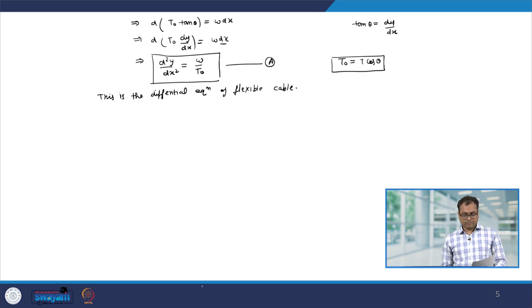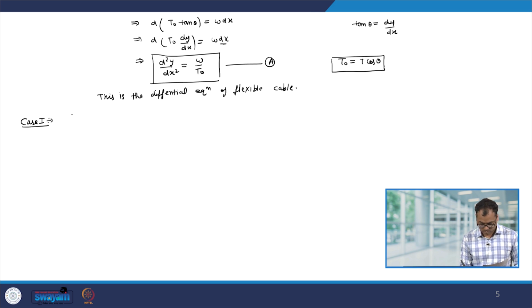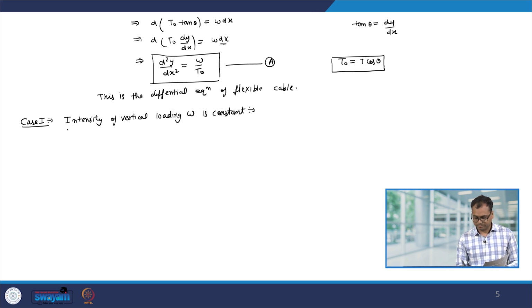Now, let us discuss the first case where the intensity of the vertical loading W is constant.